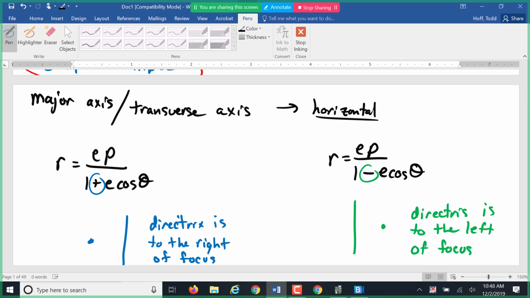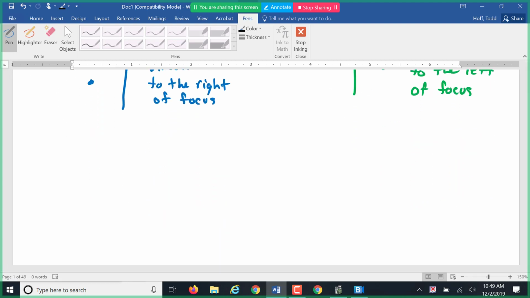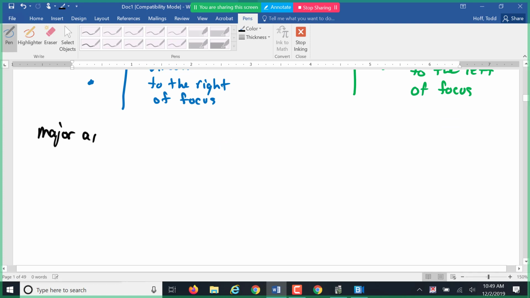If our major axis or transverse axis is vertical, we use sine in that formula.